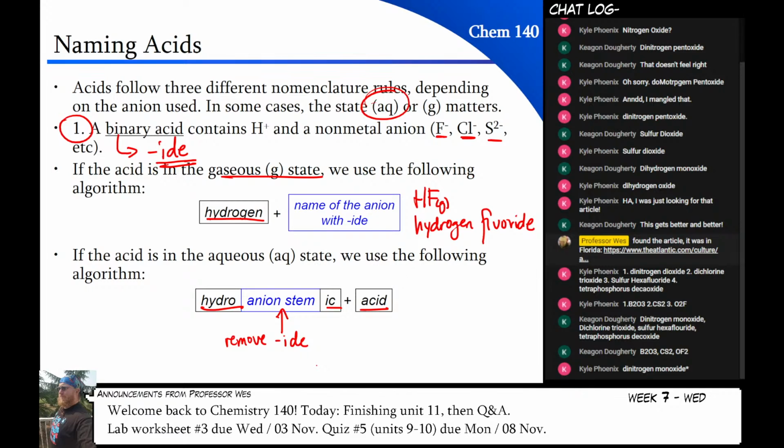So for example, for fluoride, if I had HF as an aqueous, I would call this hydro something ic acid, and in the blank I would get rid of "ide." So I'd go fluoric acid. There you go. HF as an aqueous acid is hydrofluoric acid.